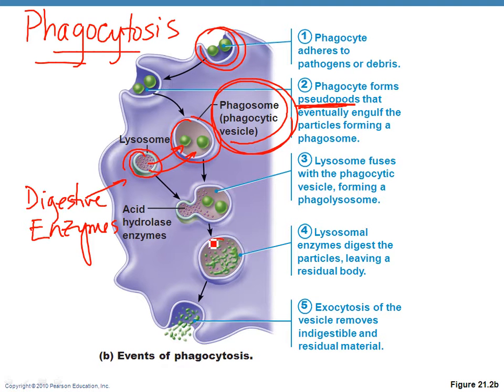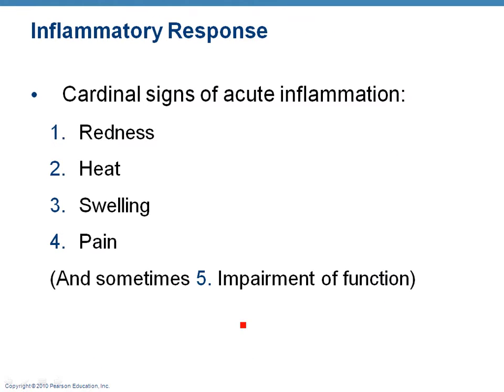You're left with basically the waste and the debris, and then through a process called exocytosis, this membrane-covered vesicle with all the wastes travels back to the membrane of the phagocytic cell and dumps out all of the digested parts. All right, and the whole process is called phagocytosis. Very important.